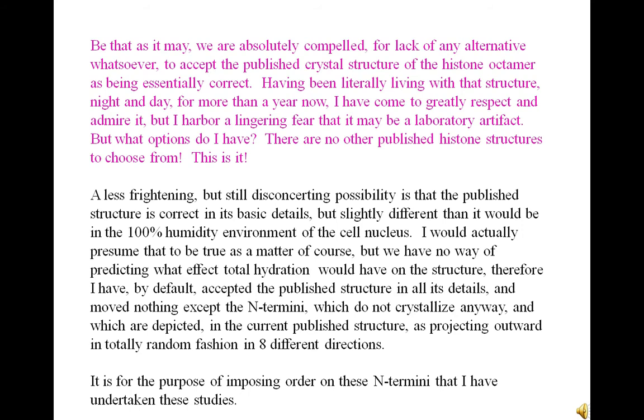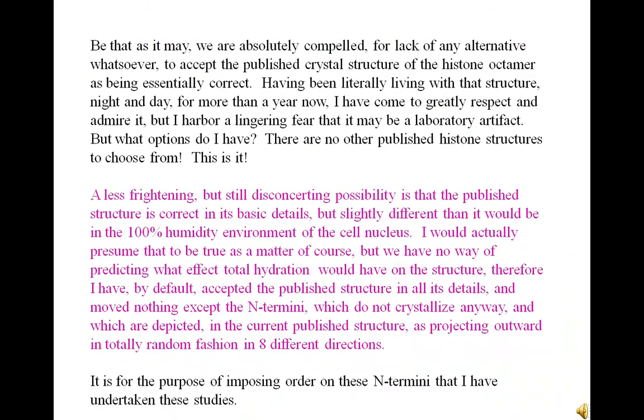There are no other published histone structures to choose from. This is it. A less frightening, but still disconcerting possibility is that the published structure is correct in its basic details, but slightly different than it would be in the 100% humidity environment of the cell nucleus. I would actually presume that to be true as a matter of course, but we have no way of predicting what effect total hydration would have on the structure.